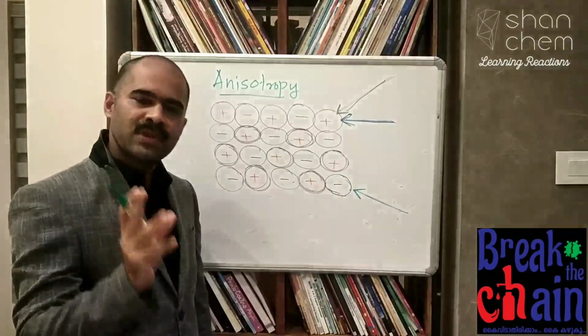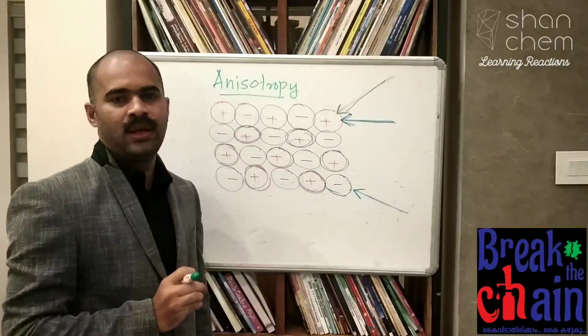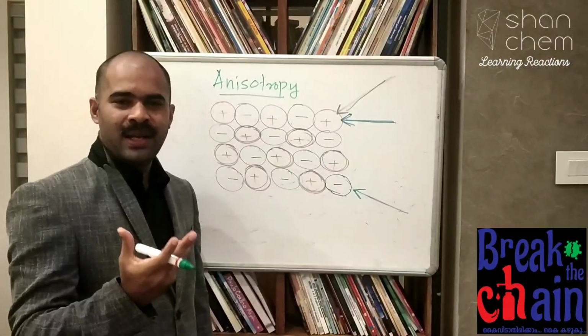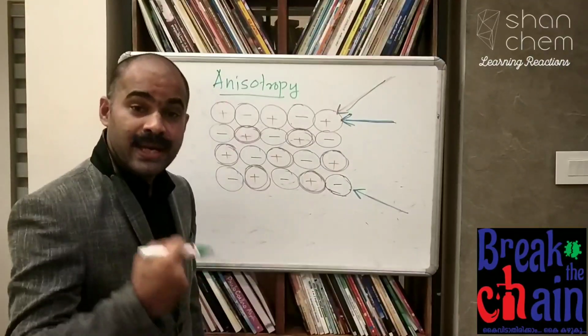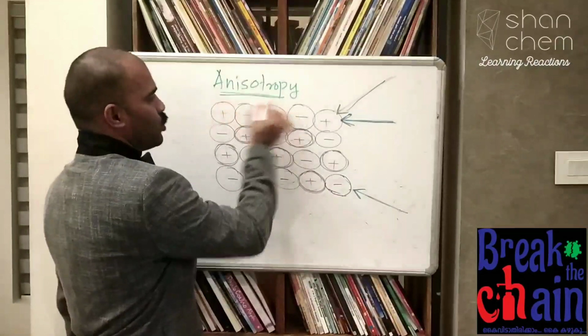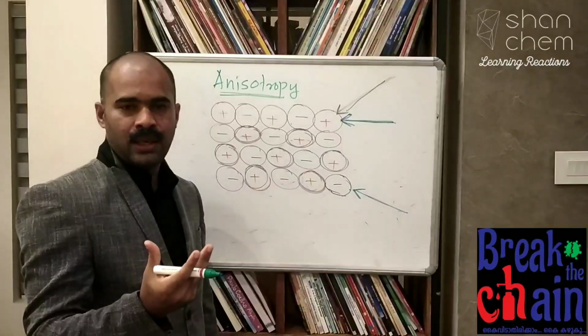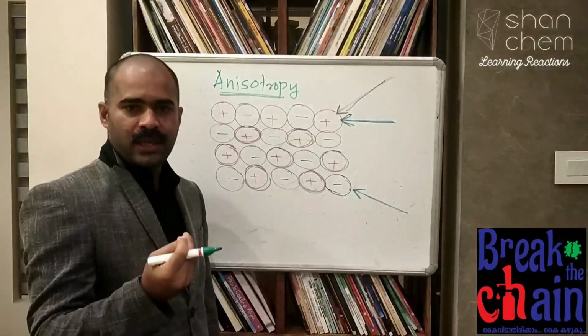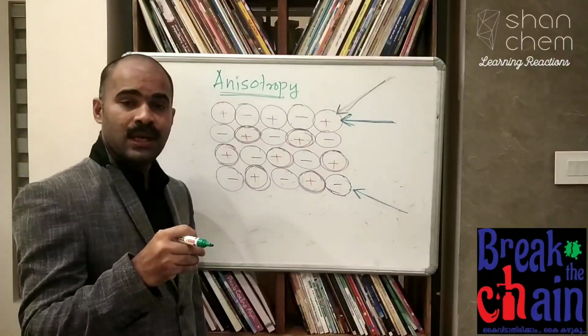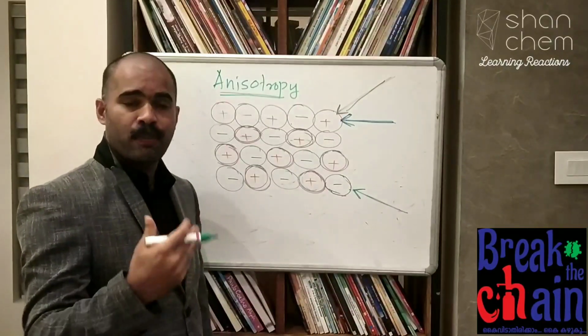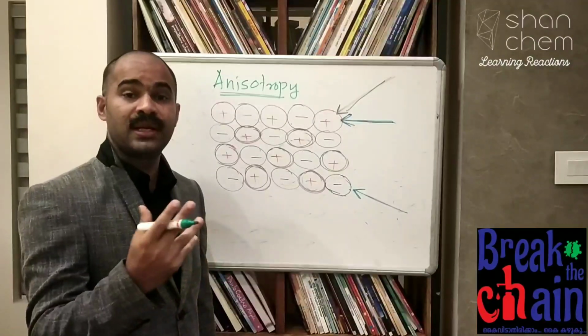That means some physical properties in a crystalline solid have different values along different directions when we measure them. That is called anisotropy. Anisotropy is the property by which some physical properties measured in different directions give different values.